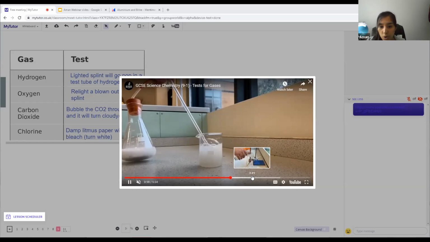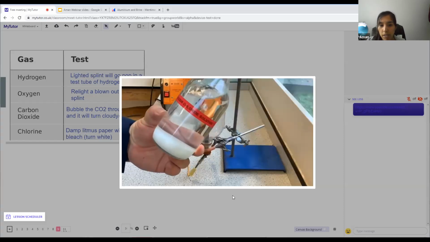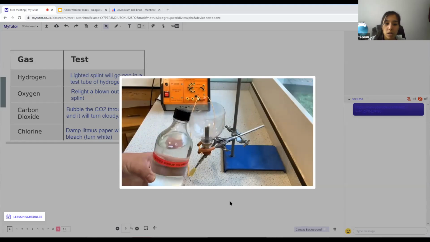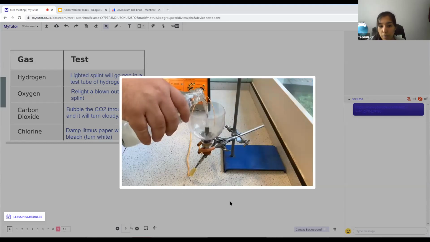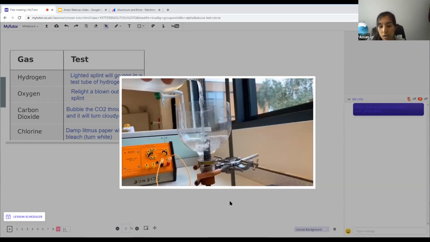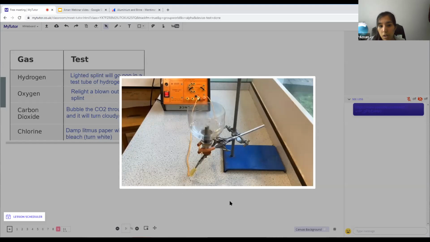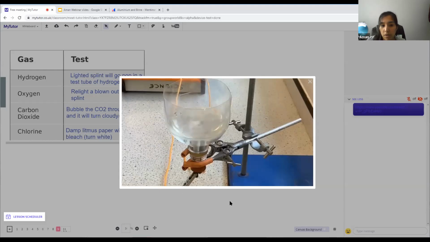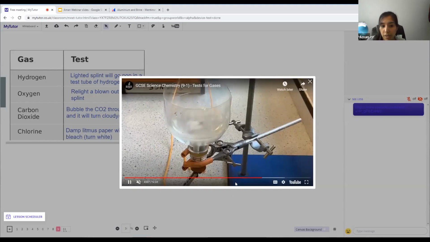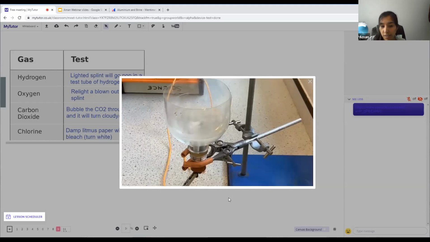Okay, and then the last one we'll look at is chlorine. First of all, he's just going to make some chlorine and then he will use litmus paper and it will bleach. So he's just making some chlorine gas. We can see some gas being produced because we can see the effervescence there.